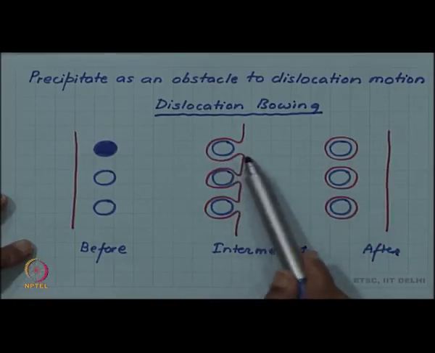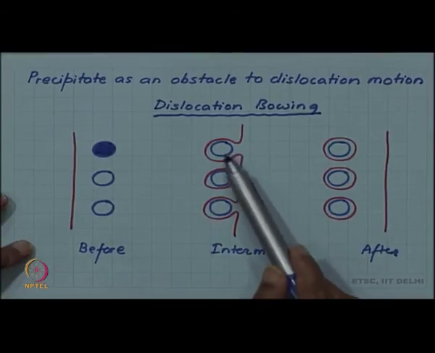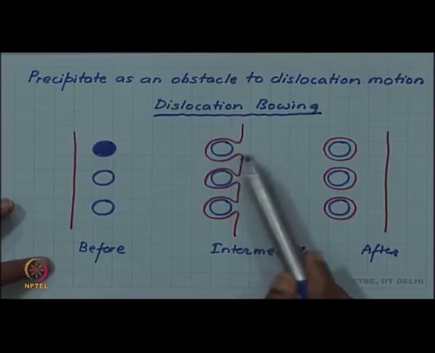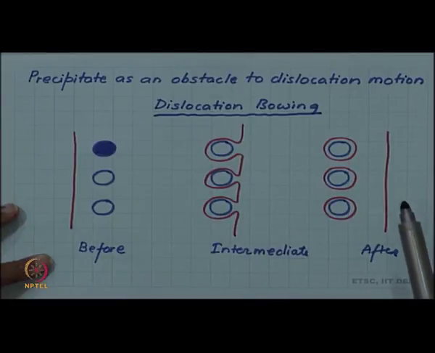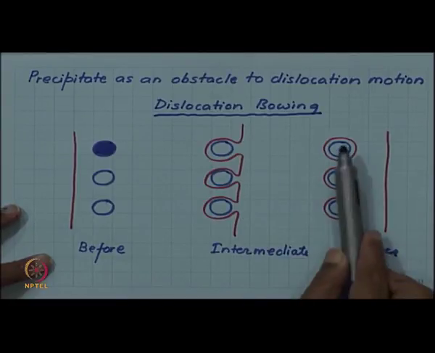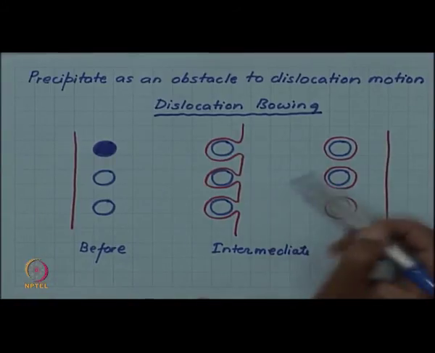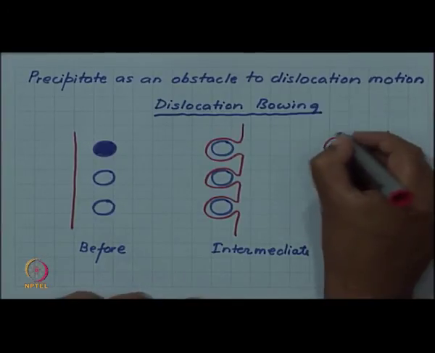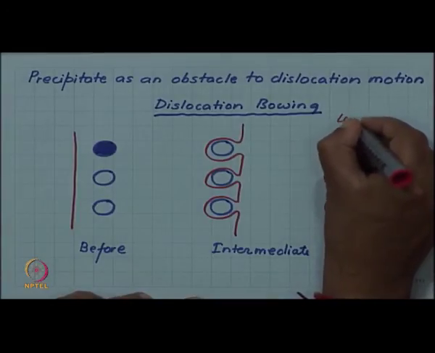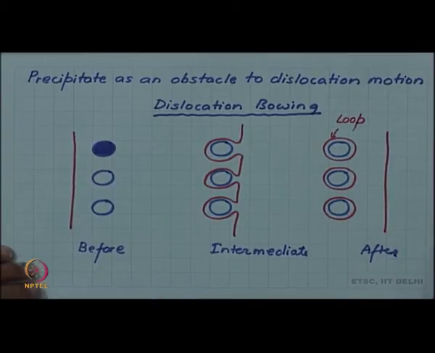There the dislocation was pinned and was bowing between the pinning points. Here the pinning is being done in a sense by the precipitate, but finally when the dislocation crosses the precipitate and moves out, it will leave dislocation loops around the precipitate particle.